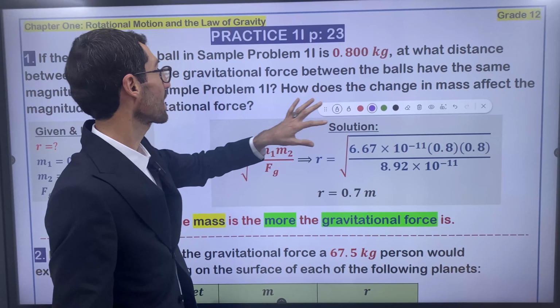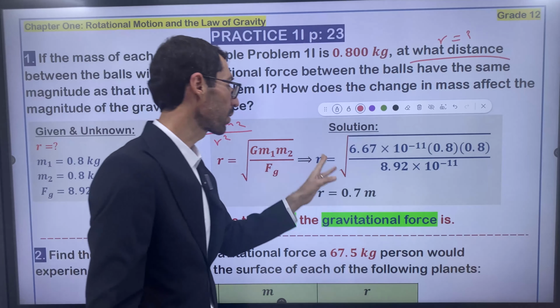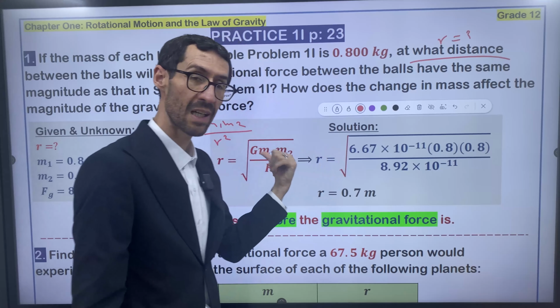Just rearrange the equation. The equation of the universal law of gravitation, Fg is equal to G capital M1, M2 divided by R squared. Rearrange it for R. So R is equal to the square root of G M1 M2 over Fg. G is a constant.